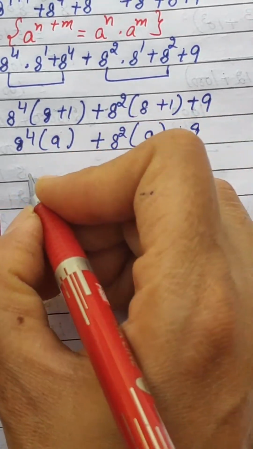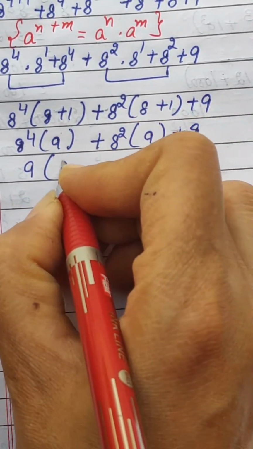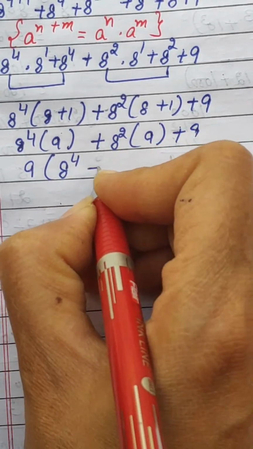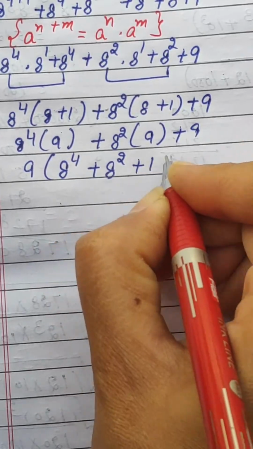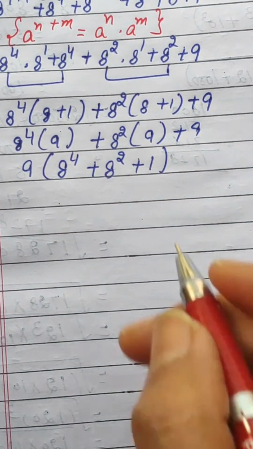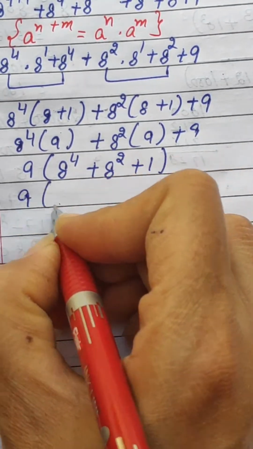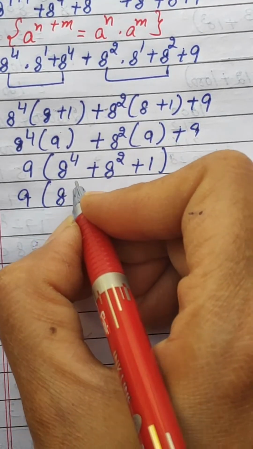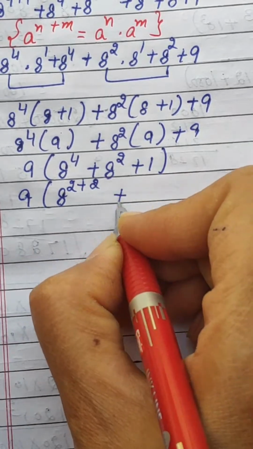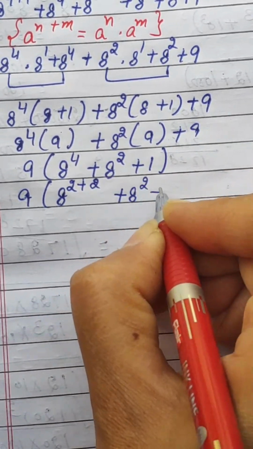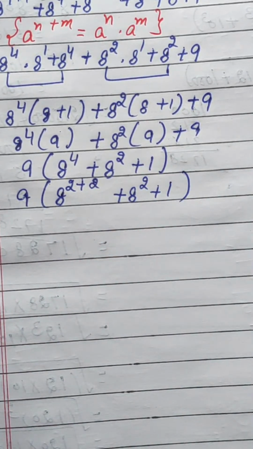So we can take 9 common: 8 raised to the power 4 plus 8 raised to the power 2 plus 1. So again we can write 8 raised to the power 2 plus 2 plus 8 raised to the power 2 plus 1.